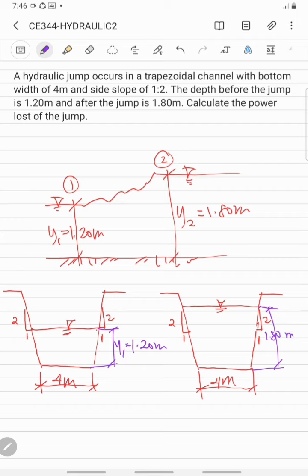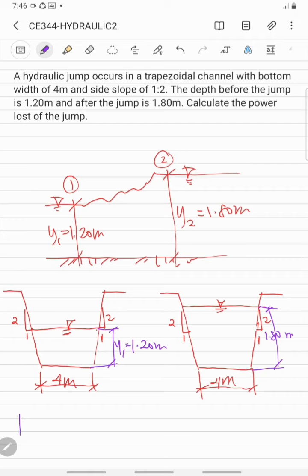They have the same side slope, the slope before the jump and after the jump, that is 1:2. That is 1 horizontal and 2 vertical.